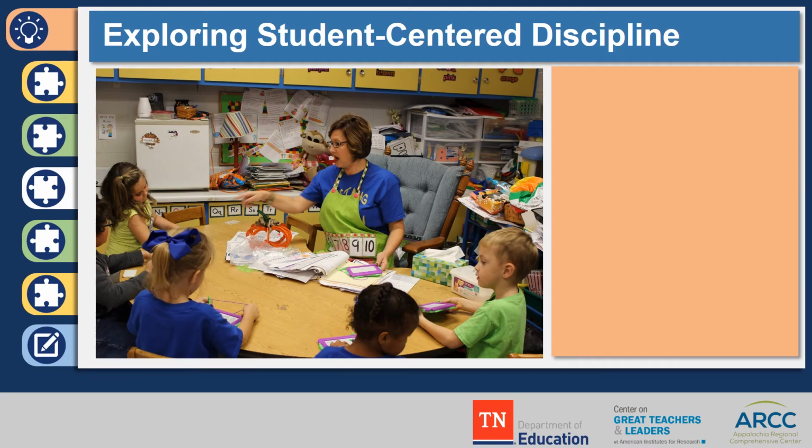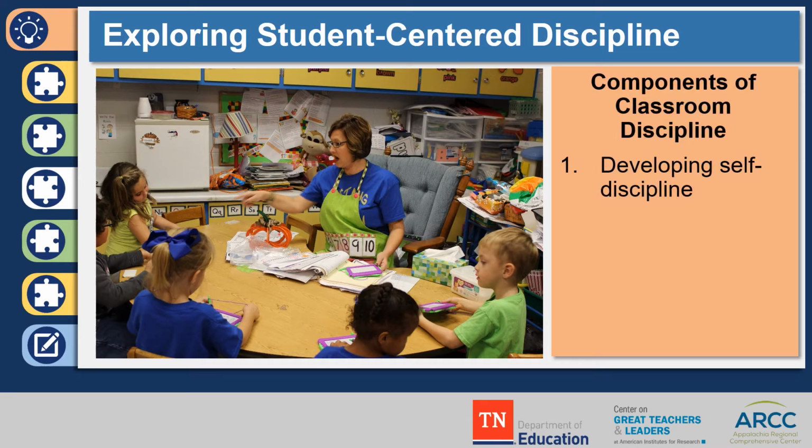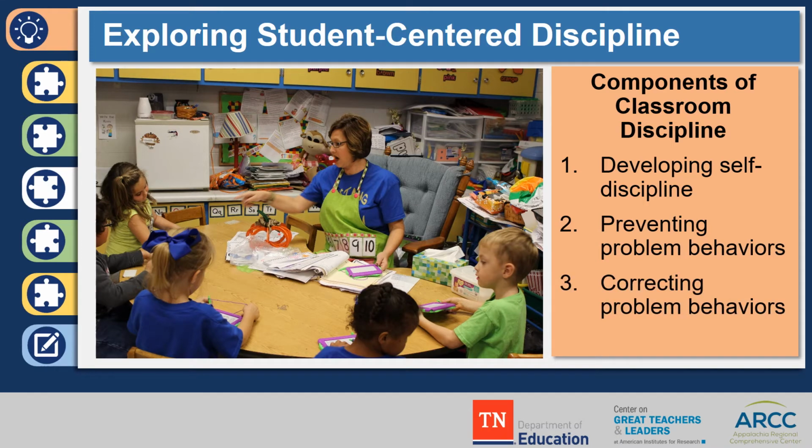According to George Baer, a leading expert in self-discipline, there are 3 distinct but overlapping components of classroom discipline that support all students. These 3 components include developing self-discipline, preventing problem behaviors, and correcting problem behaviors.